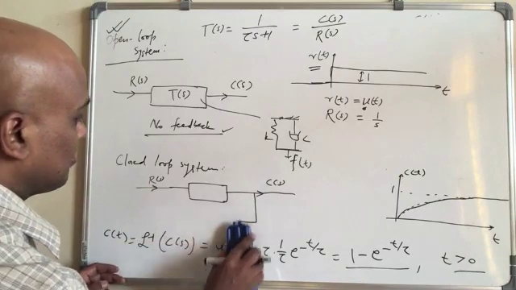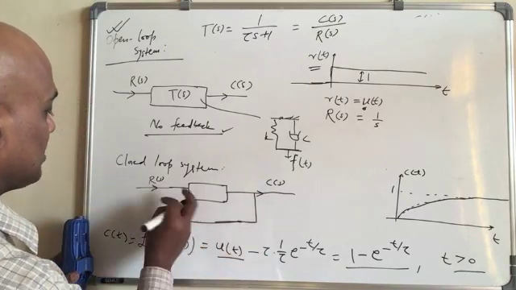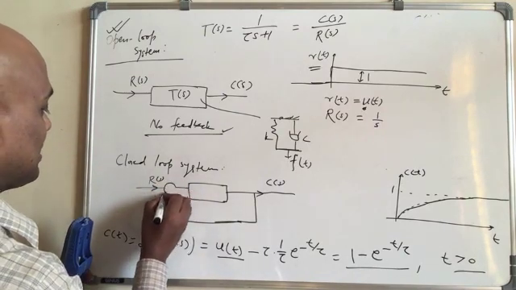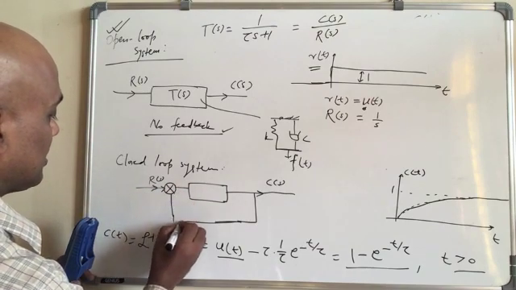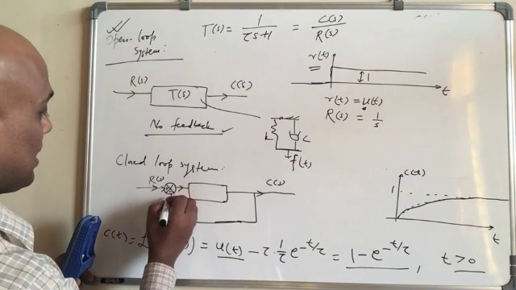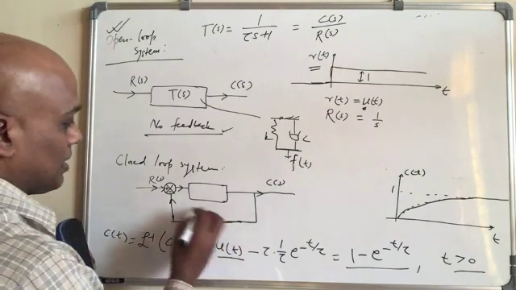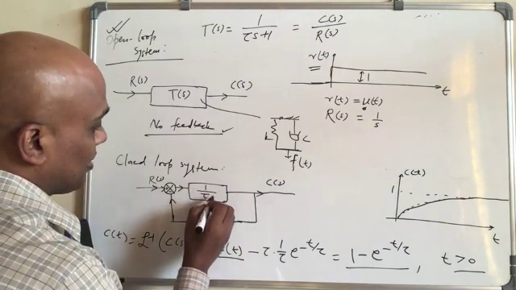So maybe the feedback gain is 1 only, so it is like this, and hence you have it like this here. So this is plus, here minus, like this. Okay, now here it could be 1 over tau s.